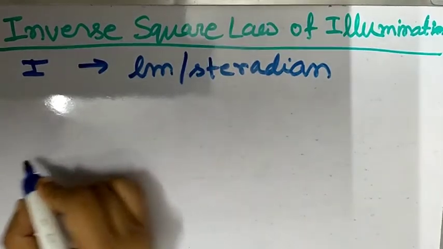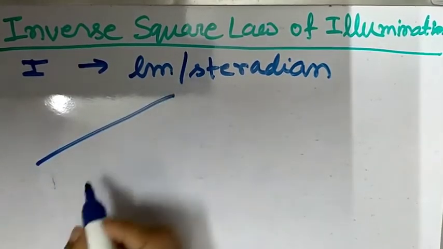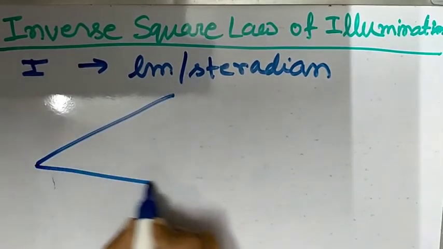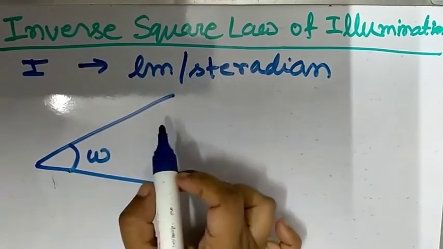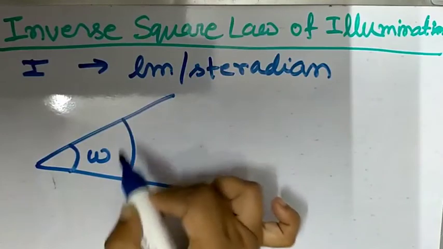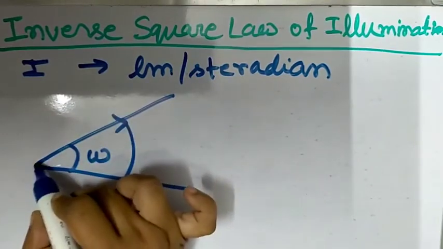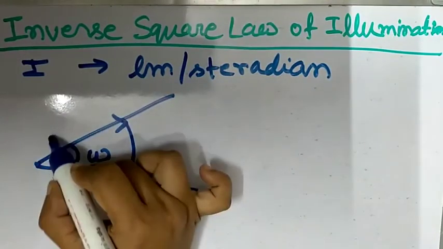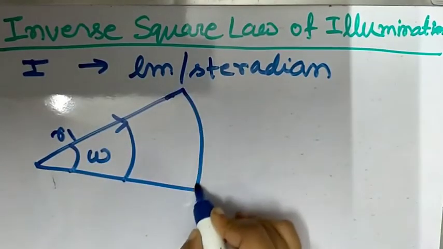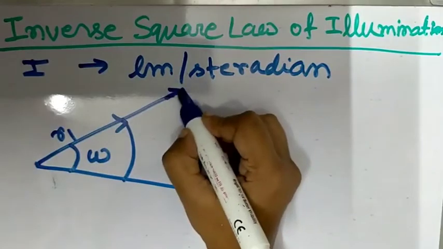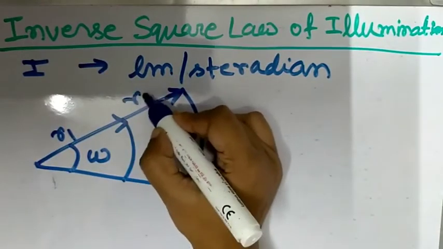Now I draw a picture so you can understand better. This is the solid angle omega. The distance from center to this point is R1 and from center to this point is R2.